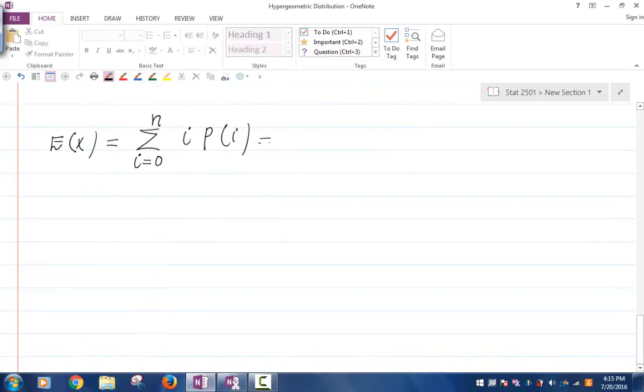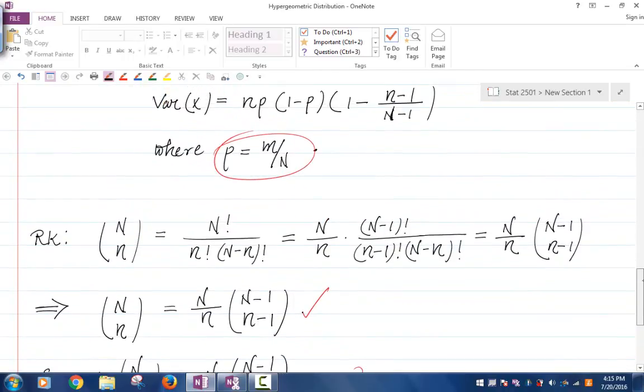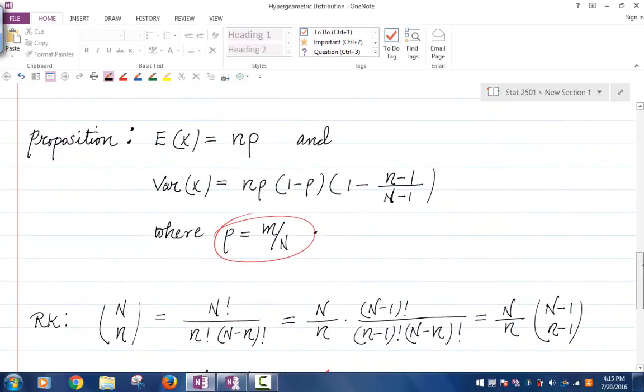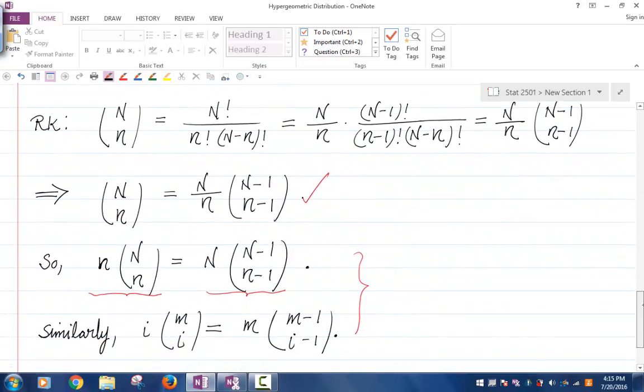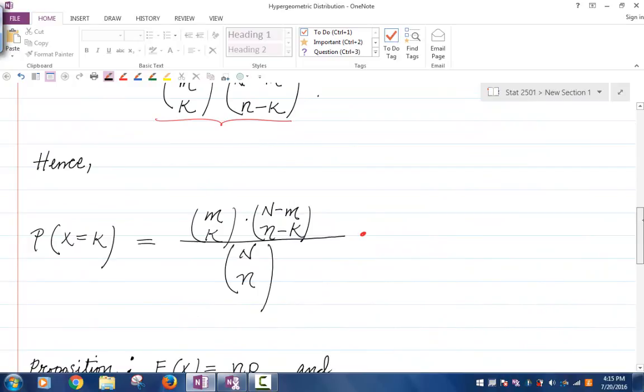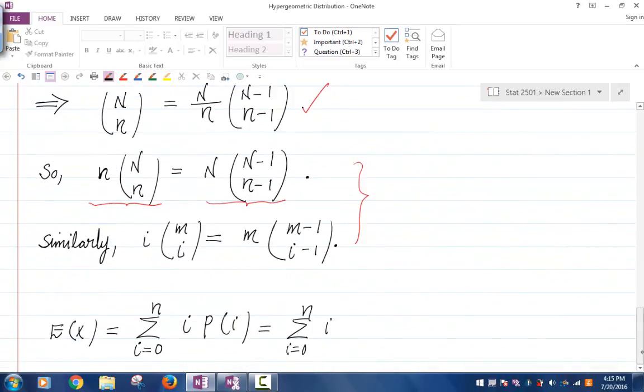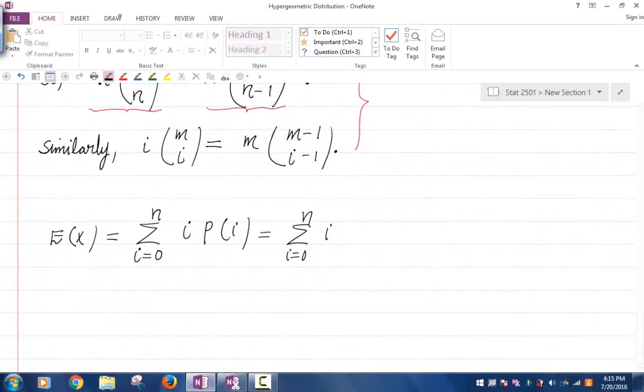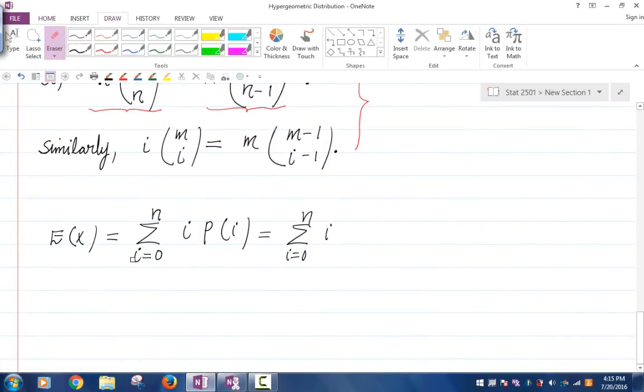Now this is equal to the summation i going from 0 to n, and we know that P of i would be given by this. In fact, instead of using i, let me use k to match what I had in my PMF.